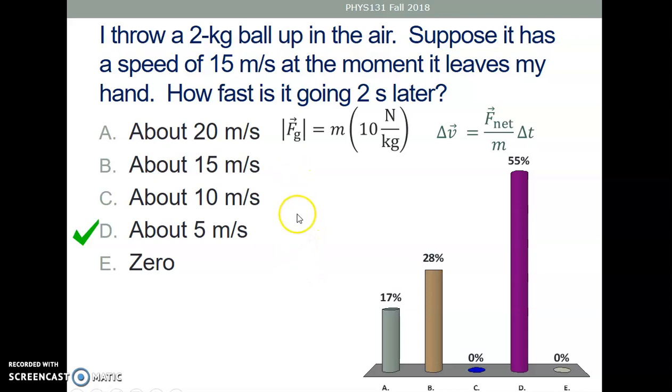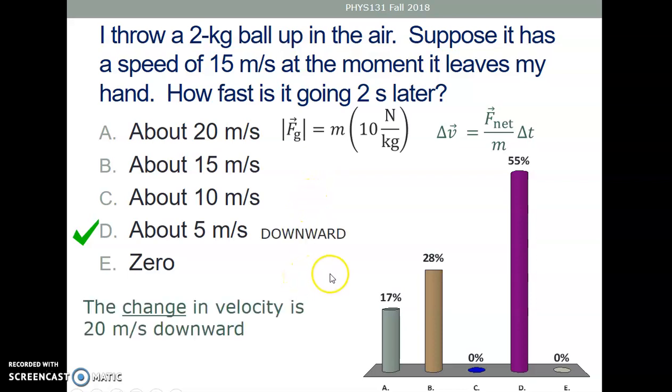So the difference between those two, 15 up and 20 down, is an extra 5 meters per second down. So in those 2 seconds, it has lost its upward speed and has gained 5 meters per second downward. The change in velocity is 20 meters per second downward.